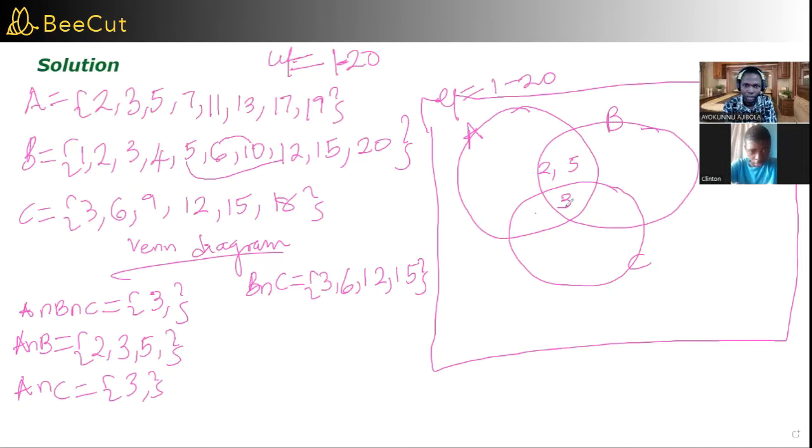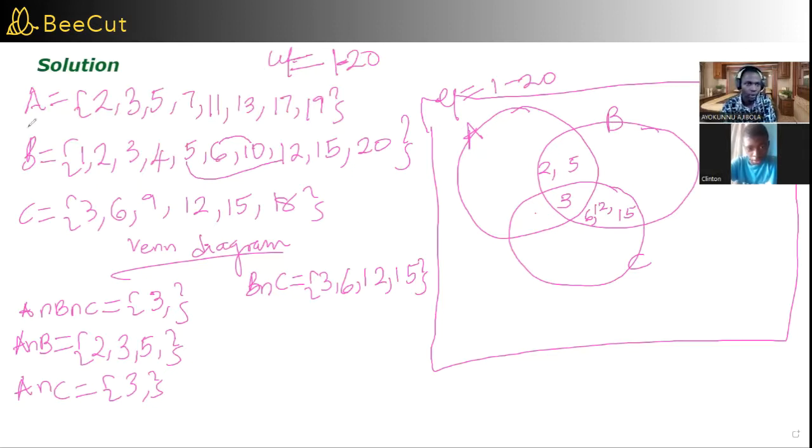We've already seen 3. Now what remains? 6, 12, and 15. So I'm going to put 6 here, 12 here, and 15. You get that? Very good. So we've represented all of these.